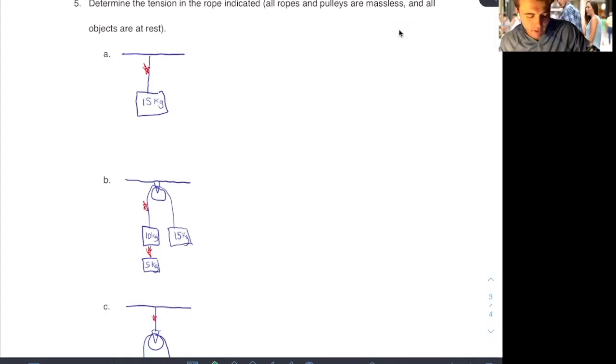We can calculate this by finding the force that this block is exerting on the rope due to gravity, essentially. Our block weighs 15 kilograms.